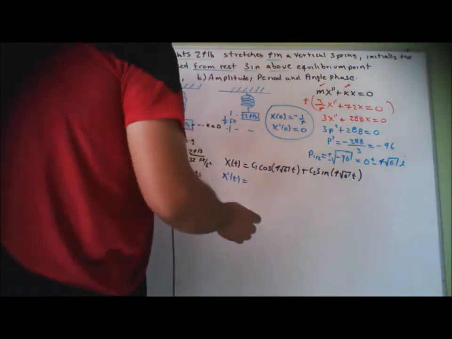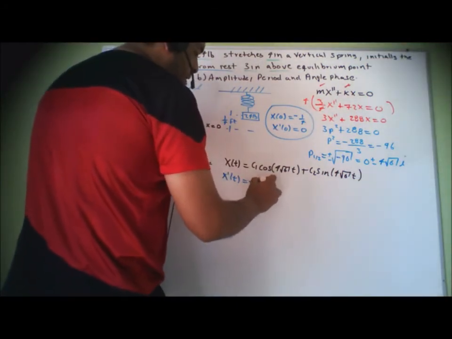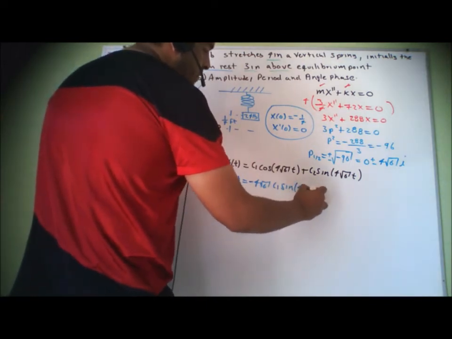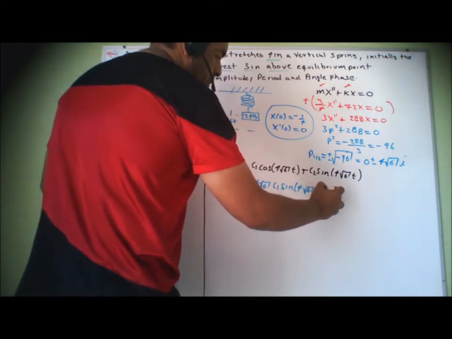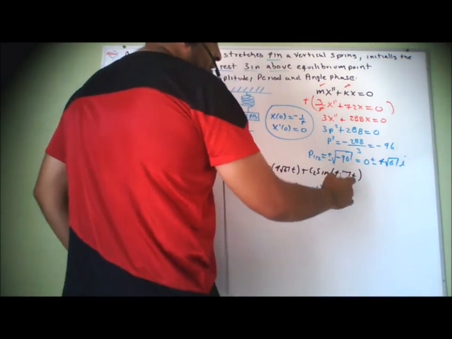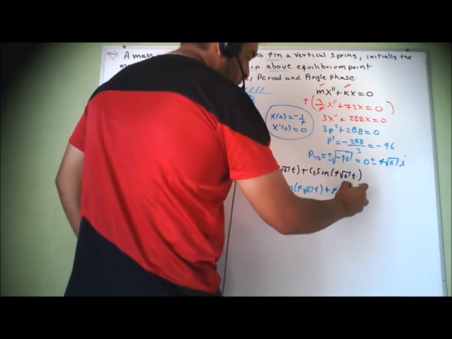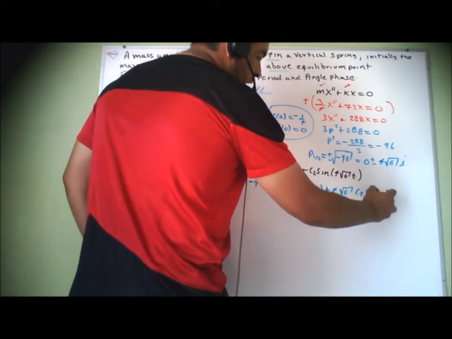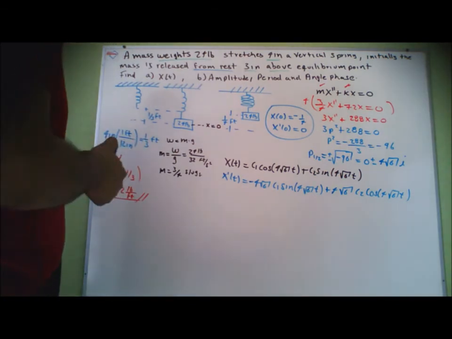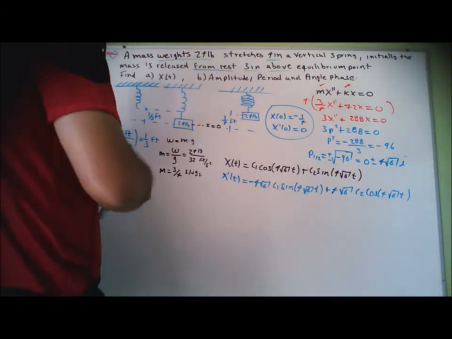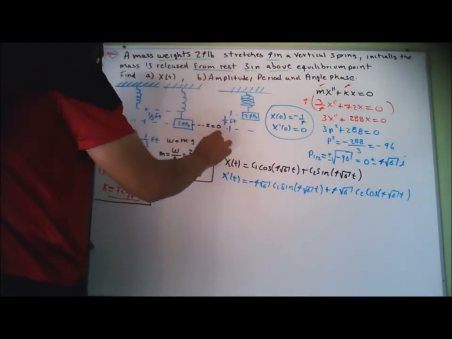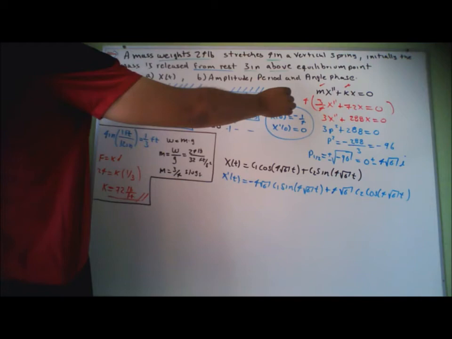The derivative of the cosine is minus sine, so minus 4 square root of 6 c1 sine of 4 square root of 6t, plus the derivative of the sine is the cosine, but times this 4 square root of 6 c2 cosine of 4 square root of 6t. Now let's calculate the constants.